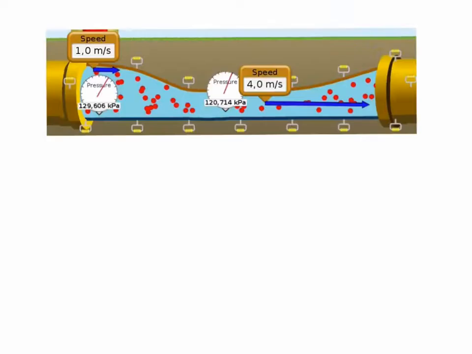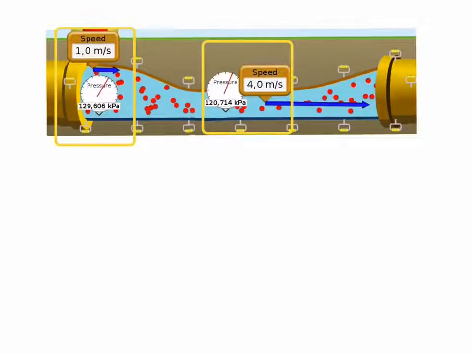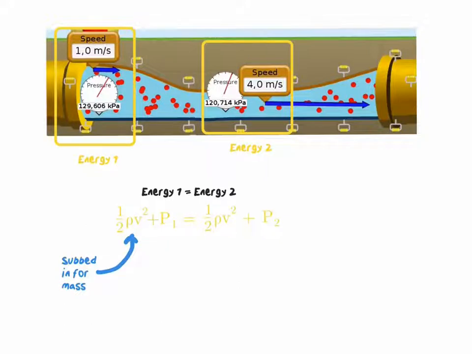So just to do a quick recall, we talked about looking at two different positions within the pipe. And we said if we compared both positions, the total amount of energy of the fluid had to be the same. So we had written out a kinetic energy term, which was 1/2 rho velocity squared. And remember, rho was the substitute for mass because the volume canceled out in every term.